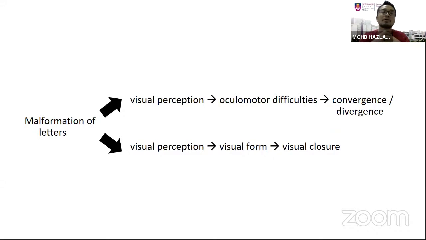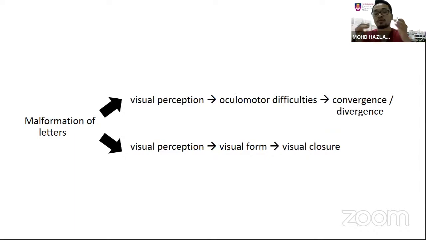After you have administered the assessment, you find that the child has a convergence and divergence skills deficit. It can also occur that the child has malformation of letters because of visual perception issues, and when you administer a visual perception assessment, you find that the child has a visual form issue, mainly on visual closure. You can see here one problem could be manifested by two different kinds of difficulties.